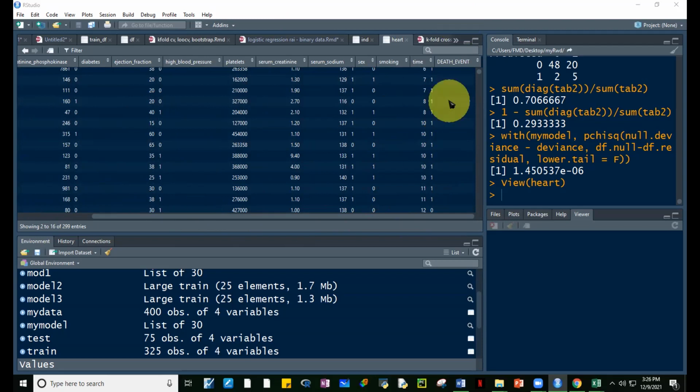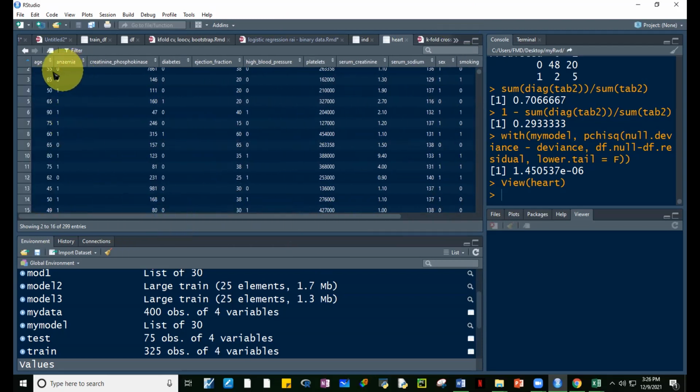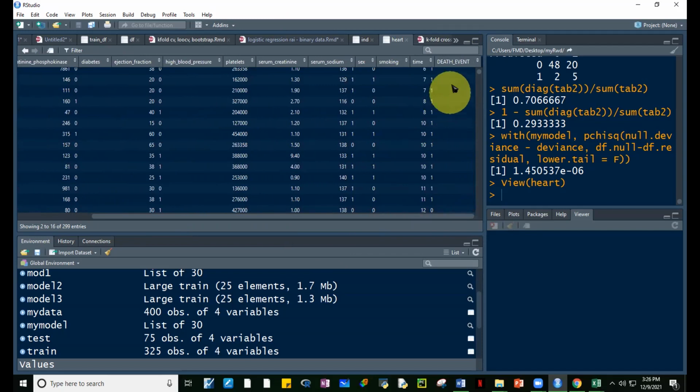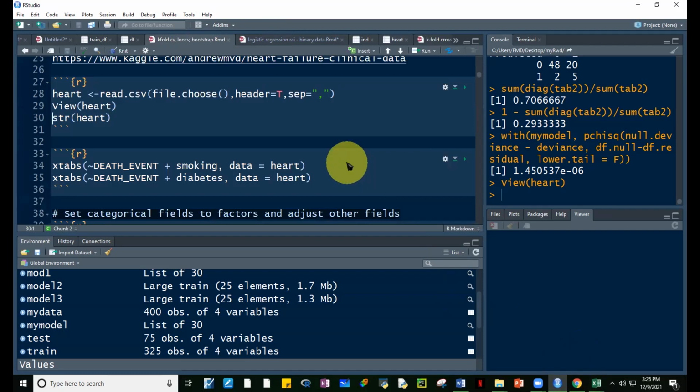So what we want, guys, is to predict, given these attributes, yung age, kung may anemia ba siya o wala, yung creatinine, etc., kung diabetic ba siya o hindi, smoker ba siya o hindi, kung mamamatay siya o hindi. So let's go back to our model.